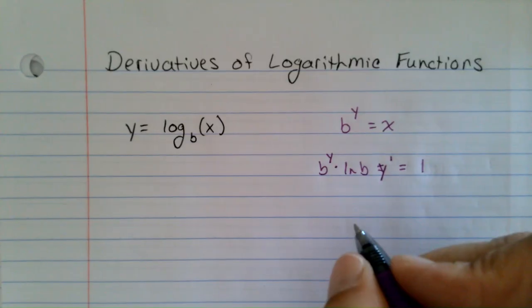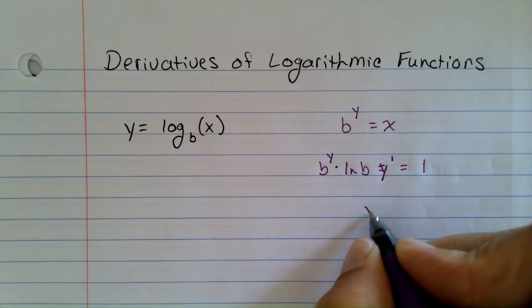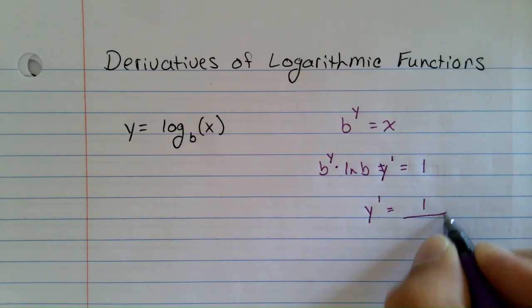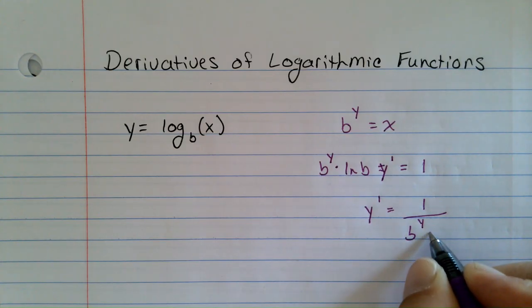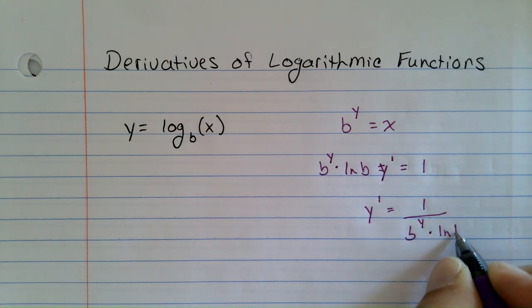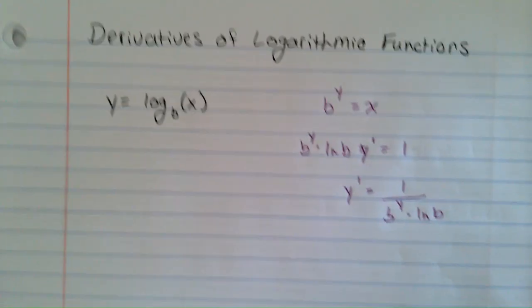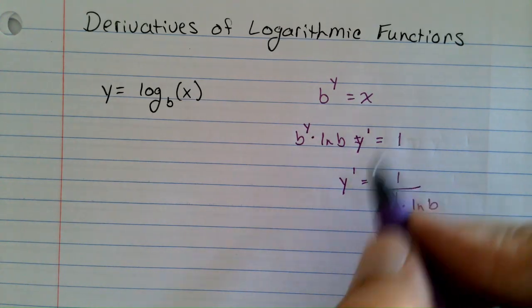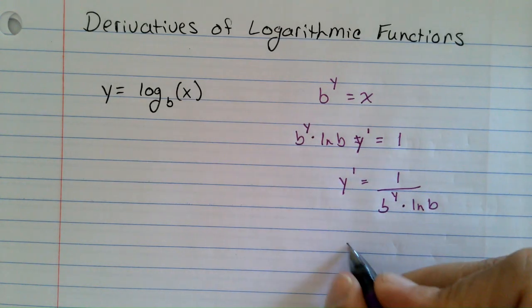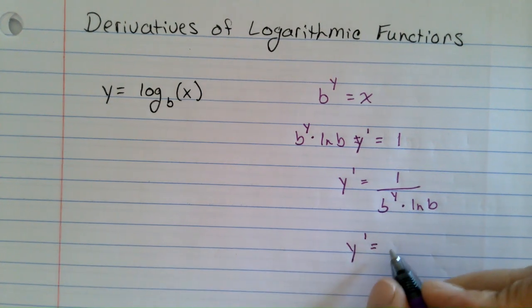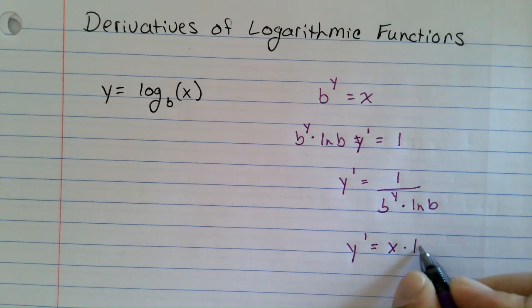So let's solve for y prime. y prime is going to be 1 over b to the y times the natural log of b. Now recall that b to the y was x, so y prime equals 1 over x times natural log of b.